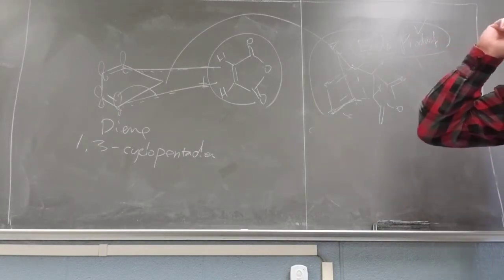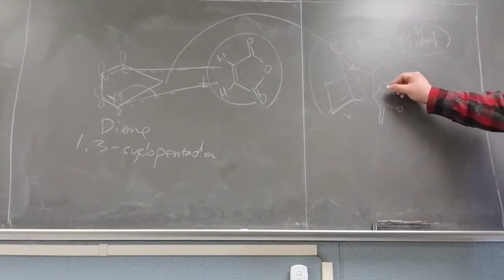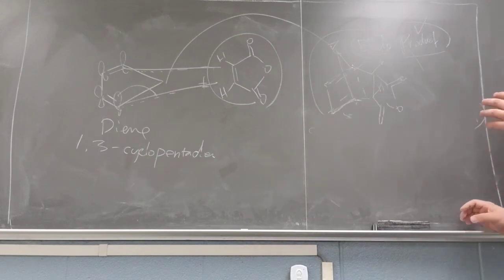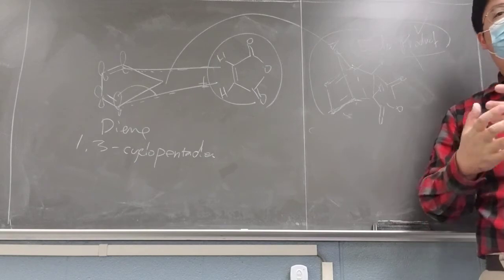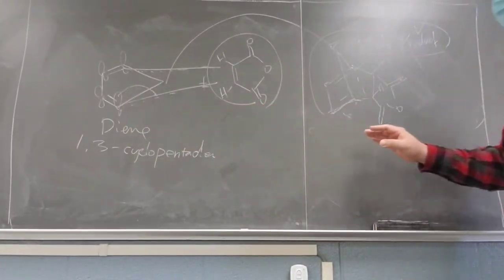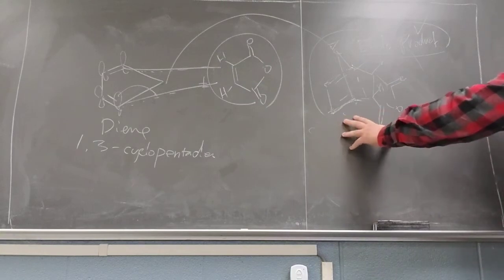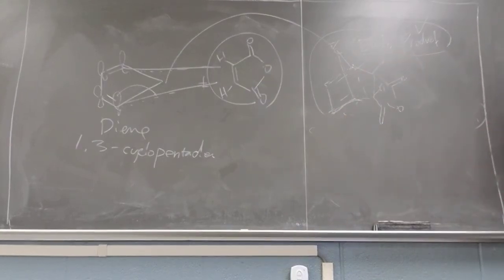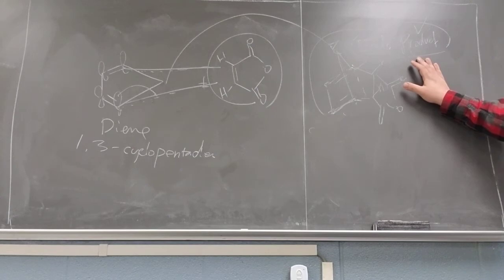Do you see it? Kind of. So the only thing that you really need to know is that because of the larger area with the better overlap between the p orbital from here and to here, this type of bicyclic compound product will have only endo products.